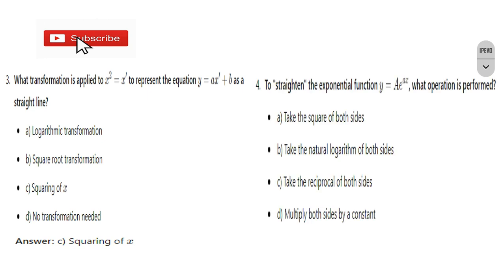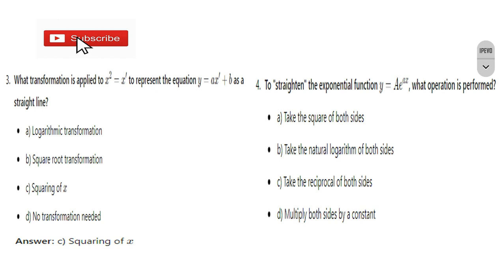Question 4. To straighten the exponential function y equals capital A exponential small ax, what operation is performed? A. Take the square of both sides. B. Take the natural log of both sides.